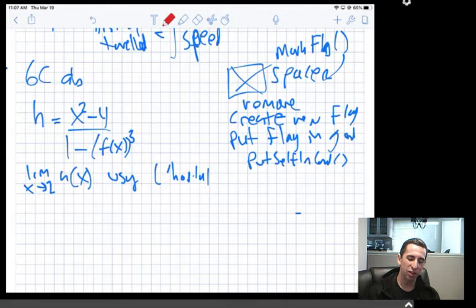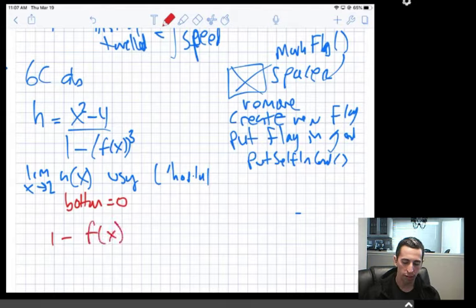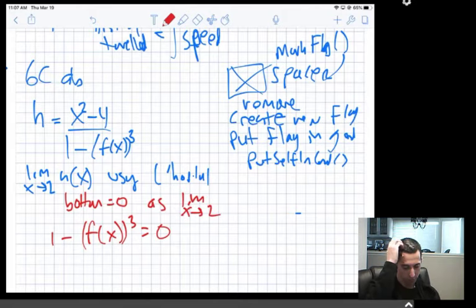It says that we can do this limit using L'Hopital. If I can do this limit using L'Hopital, that means the bottom is equal to 0. So 1 minus f of x cubed equals 0 as you take the limit as x goes to 2.